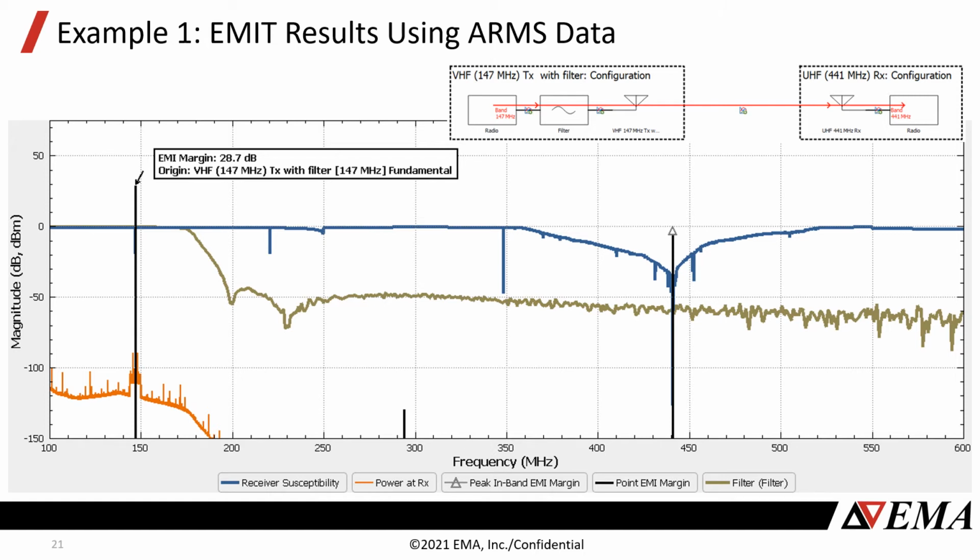It is actually about 8 dB below the susceptibility of the receiver. However, as demonstrated in the video, we still have the case where the fundamental of the transmitter is falling in this mixer product, and we still have a relatively large interference problem that would need to be mitigated.